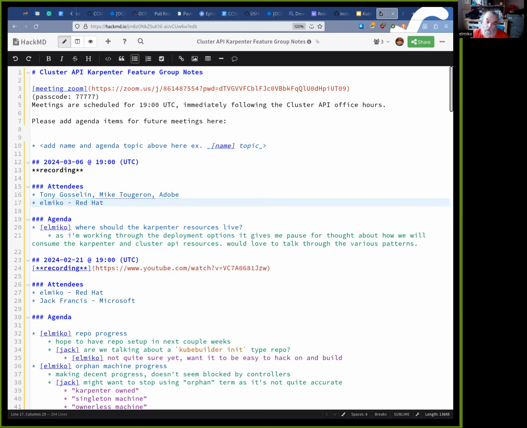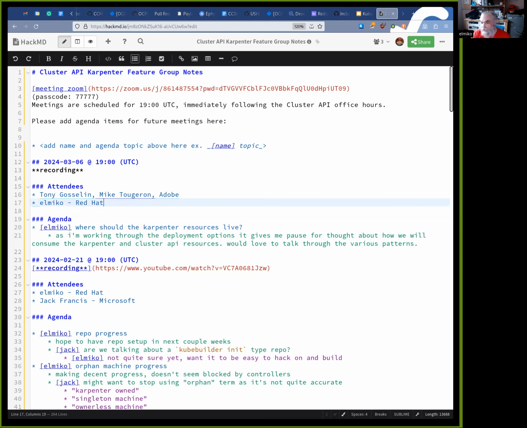There's also an interesting notion that if the node claim objects were being created in the workload cluster, the compute cluster, and the controller was then creating machine objects in the management cluster, that might create some sort of dissonance, or a behavioral pattern that would be difficult to debug, or maybe wouldn't quite be what people want.